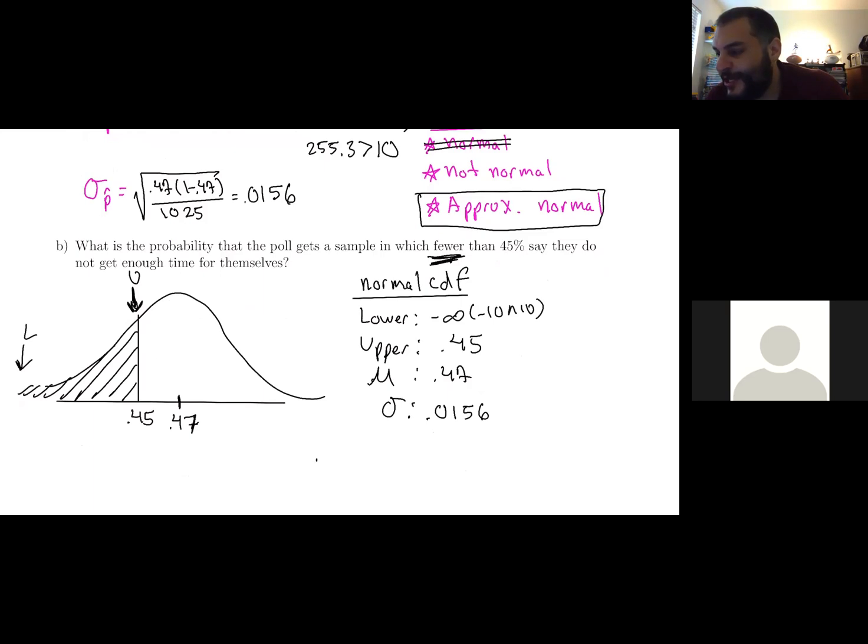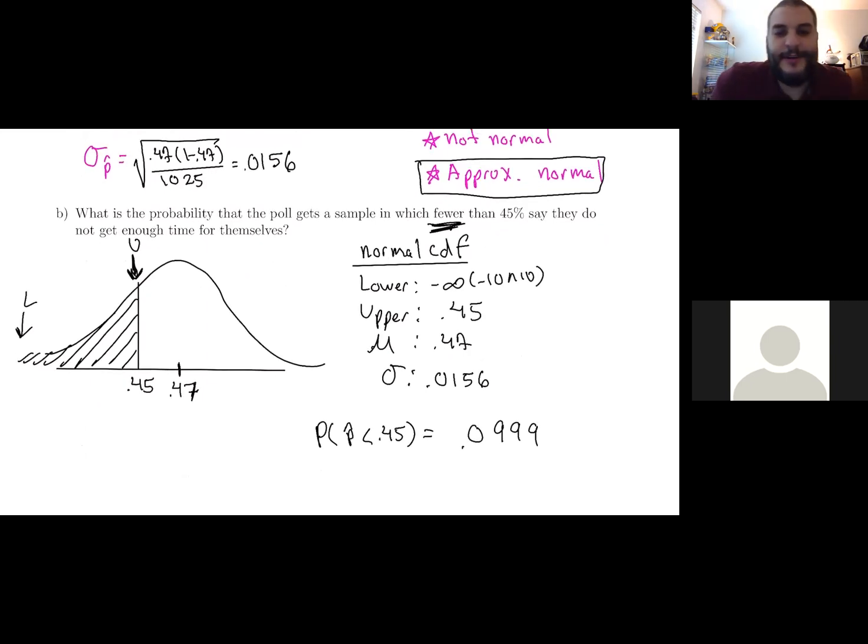For this one, you should get the probability that P hat is less than 0.45 is equal to 0.0999. And that was it for the last part. Any question for the last part?